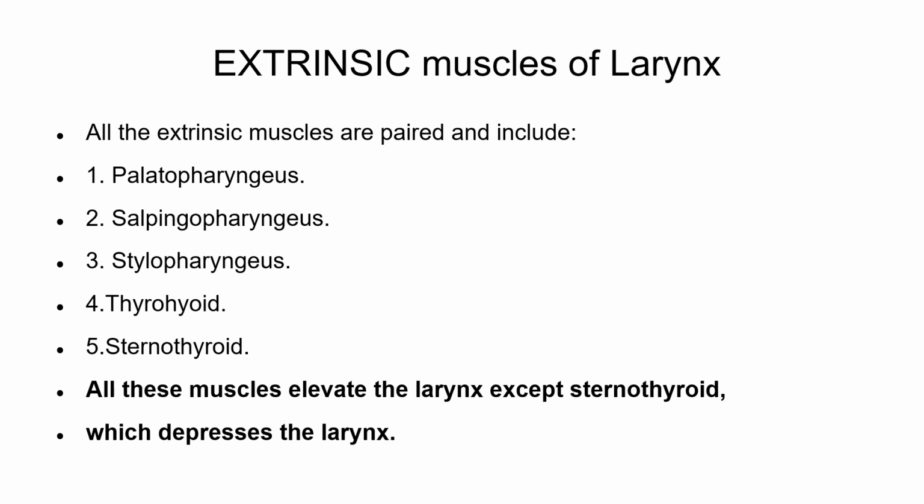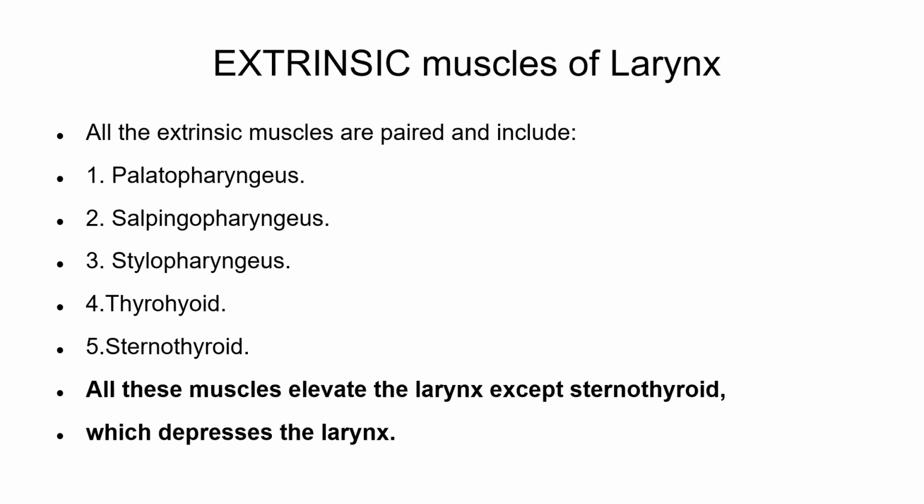Now coming to the next slide, which is the extrinsic muscles of the larynx. The extrinsic muscles of the larynx, you've already studied them when you studied the pharynx. So these are the palatopharyngeus, salpingopharyngeus, stylopharyngeus, and thyrohyoid and sternothyroid muscles. Now what is the importance and the function of these extrinsic muscles?